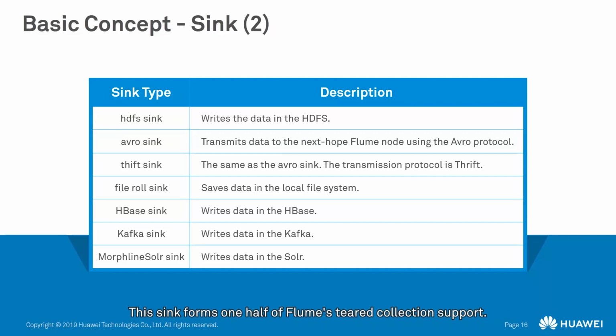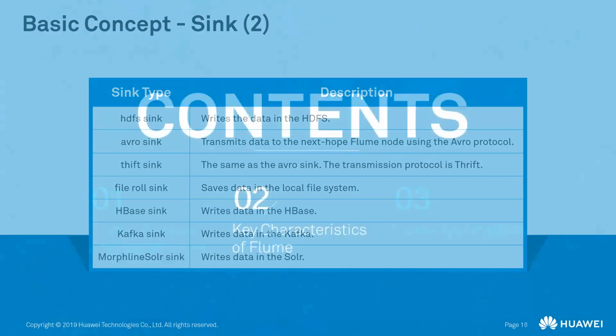This sink forms one half of Flume's tiered collection support. Flume events sent to this sink are turned into Avro events and are sent to the configured hostname and port pair. The events are taken from the configured channel in batches of the configured batch size.